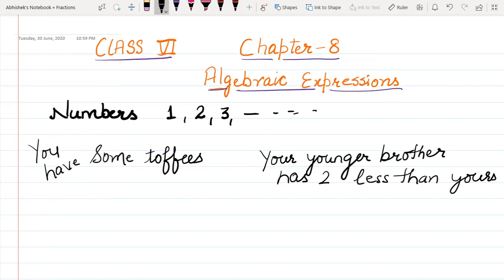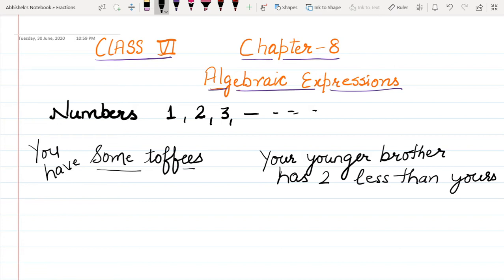It means whatever the number of toffees you have, your younger brother has 2 less than yours. But we don't know the exact number of toffees you have. So how would you express both these facts mathematically?